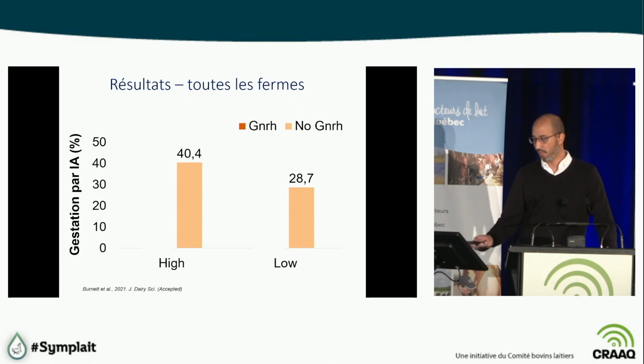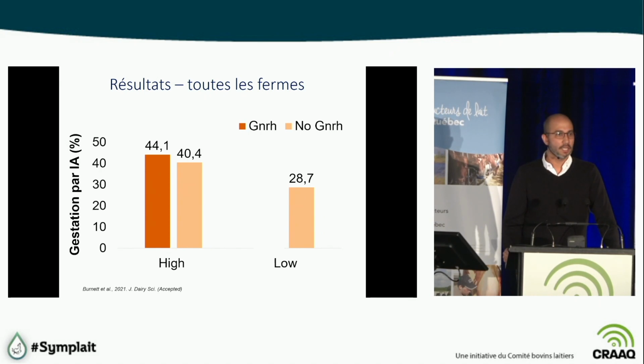These are cows that didn't receive GnRH, and they behaved pretty much like the previous experiments we did. The cows in the high group increased slightly when we gave GnRH. In this experiment, although 4 percentage units, or 3.5, is quite attractive, it was not significantly different. However, the low group increased quite a bit.